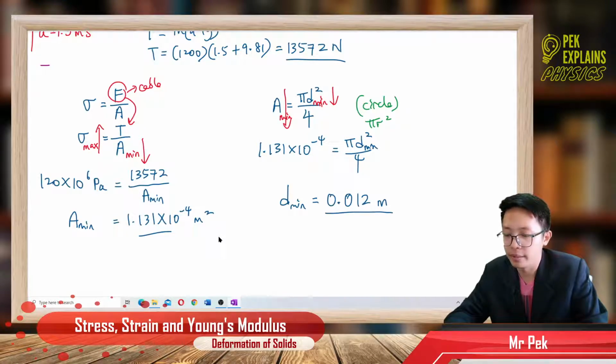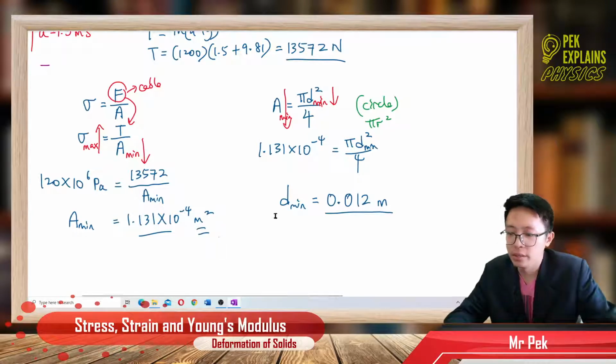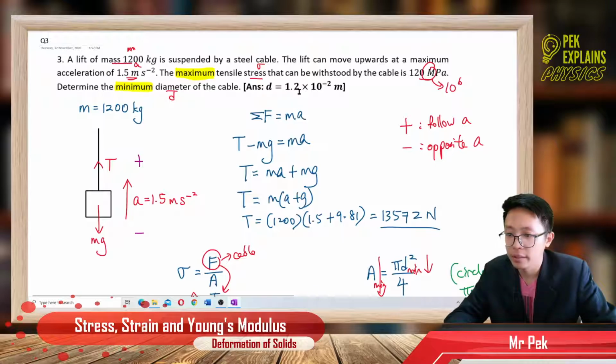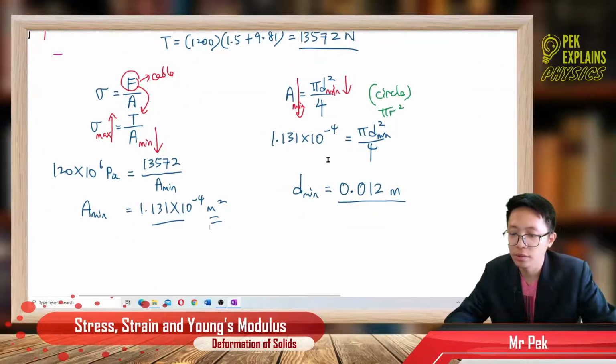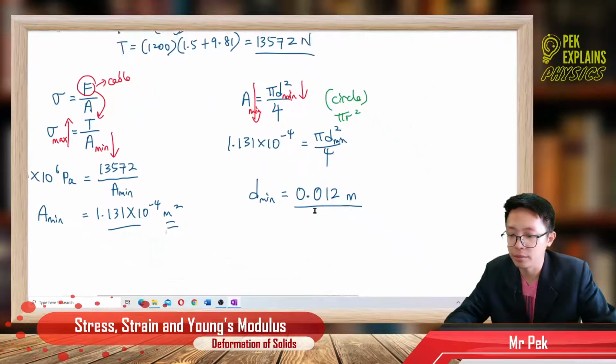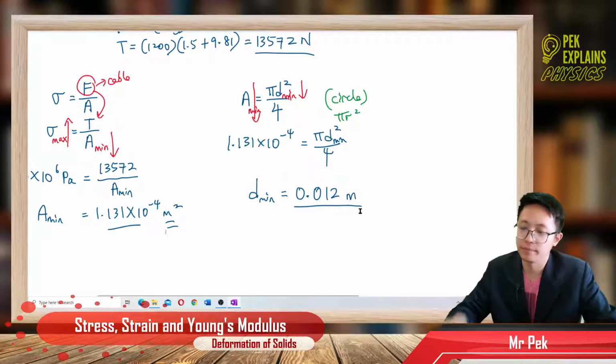Because SI unit is meter square, so I get meter for diameter. The diameter is 0.012 meter.